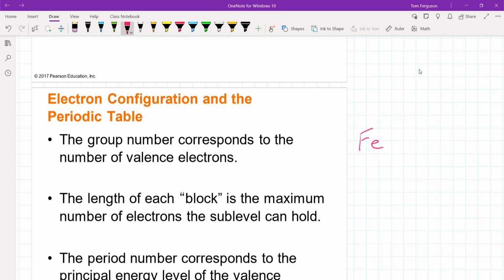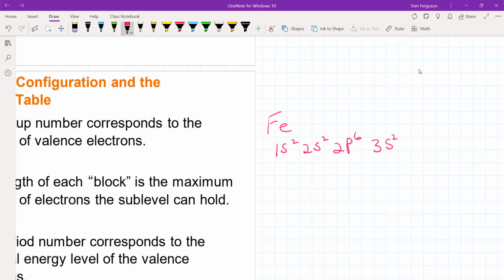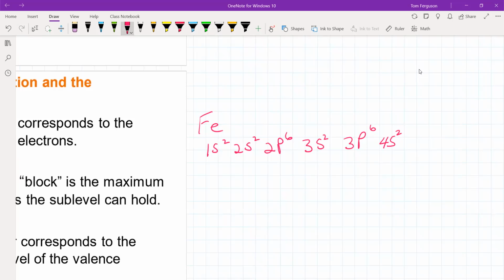So we're going to start on the first one, 1s2, 2s2, 2p6, 3s2, 3p6, 4s2, and now we drop down 1 into the Ds. And how far over in the Ds are we going to go? 6 over.